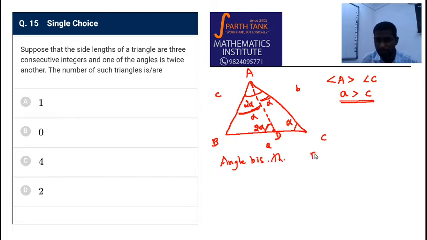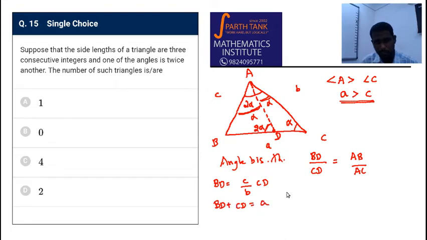That is, BD upon CD would be equal to AB upon AC, right? That is, BD can be written as AB, which is nothing but c, and AC is nothing but b, times CD. Together with this, we know BD plus CD should be equal to a.